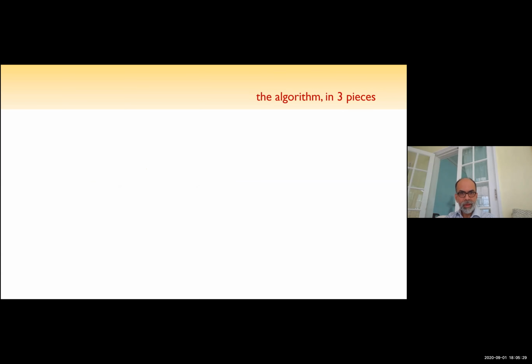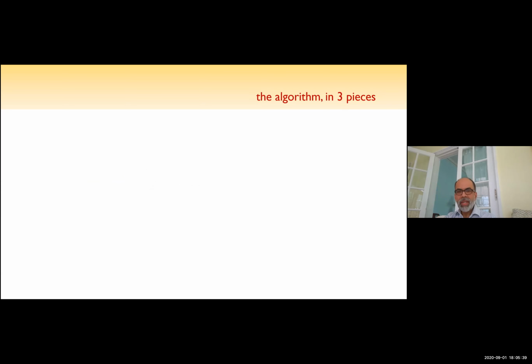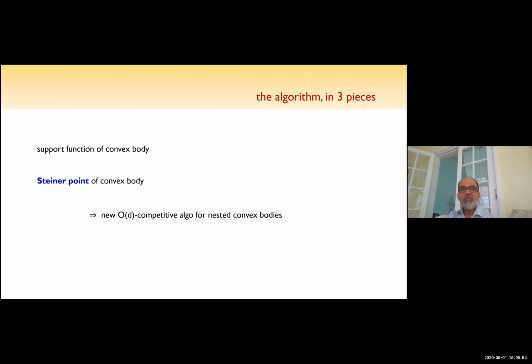Good. So I'll give you the algorithm in three pieces. Remember, there were two terms in the previous slide: work function and Steiner point. In order to define the Steiner point, I need to tell you what the support function of a convex body is. It's a trivial idea, but I'll tell you first. Then I'll define the Steiner point, and using this, I'll give you a new algorithm for nested convex bodies.